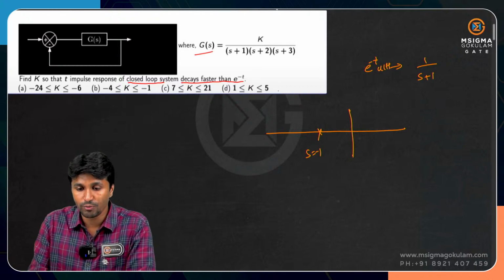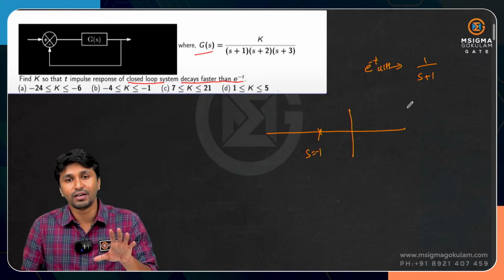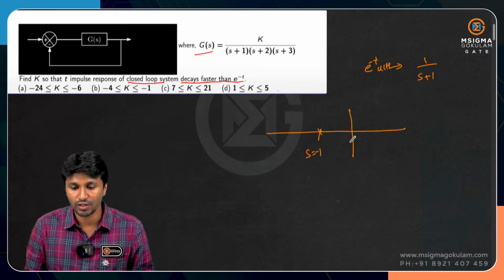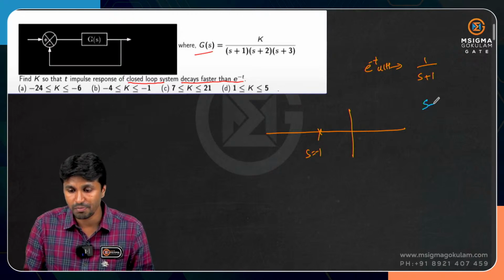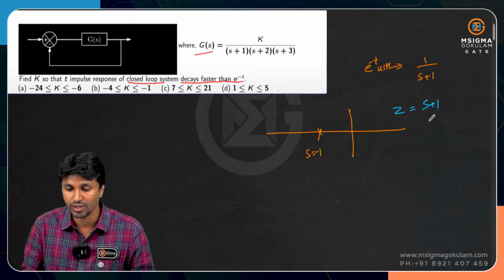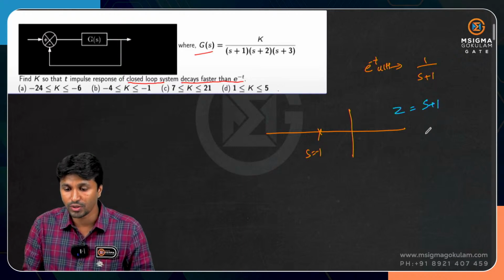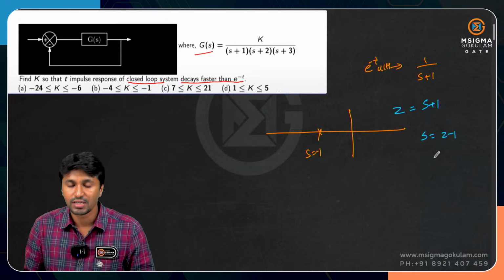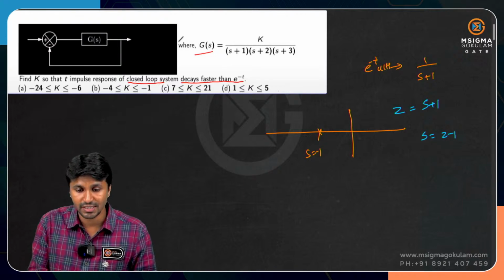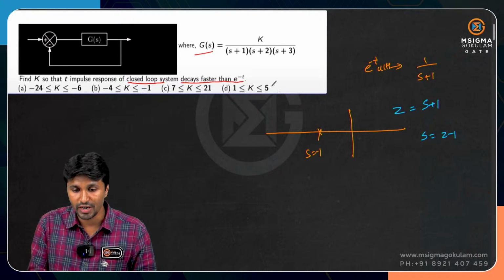We know the method of finding the relative stability of a system. So s plus 1 I'll take as z, and I'll send this 1 to the other side, so s is equal to z minus 1. I'll substitute s as z minus 1 into this equation.